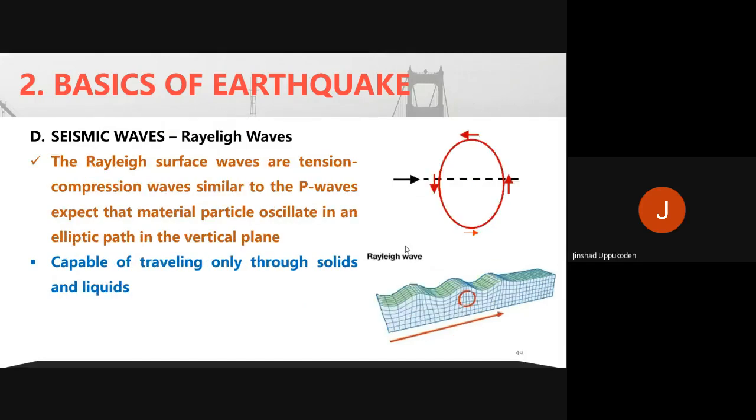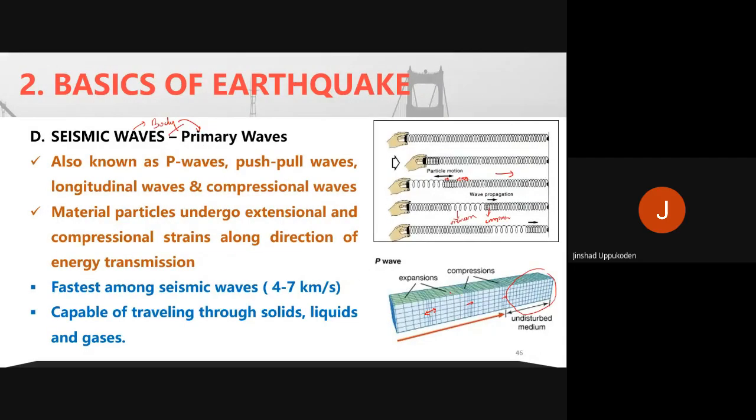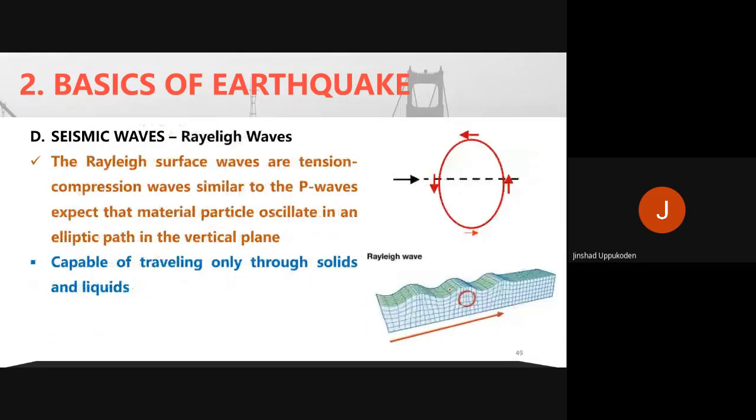The next wave is the Rayleigh wave. The Rayleigh wave also occurs at the surface of the earth, not within the body. Remember one thing, don't take this to be at the surface. This occurs within the body, not only the surface, but within the body. Now the Rayleigh wave is similar to the primary P waves, which are body waves, but it has an elliptical path.